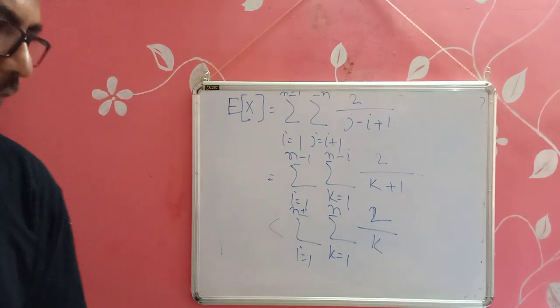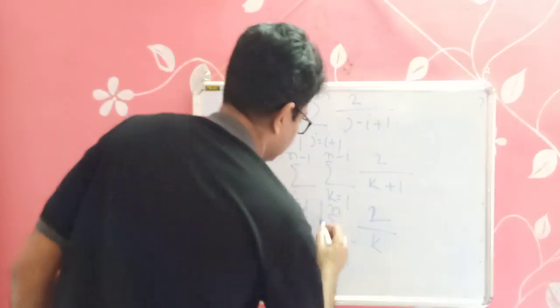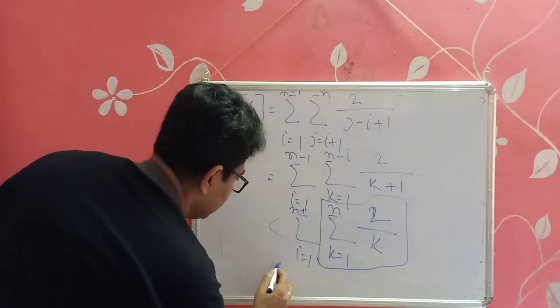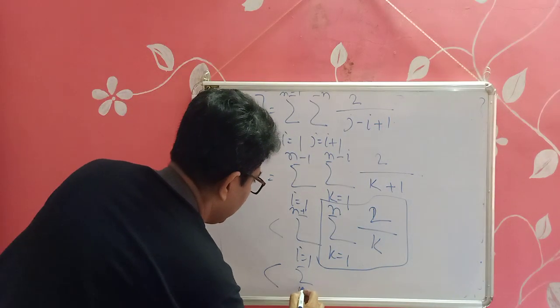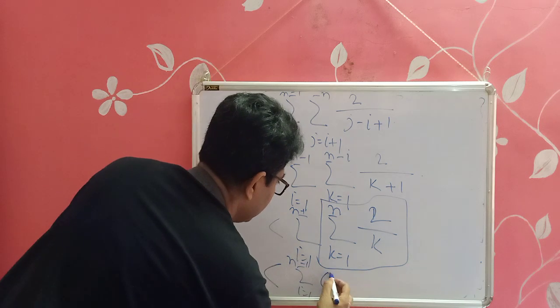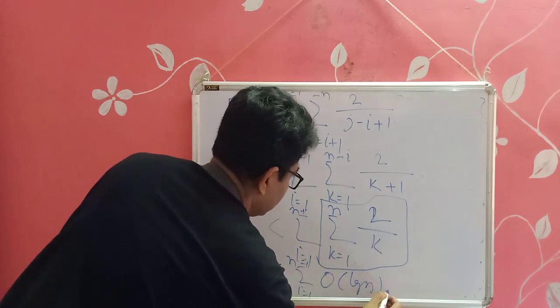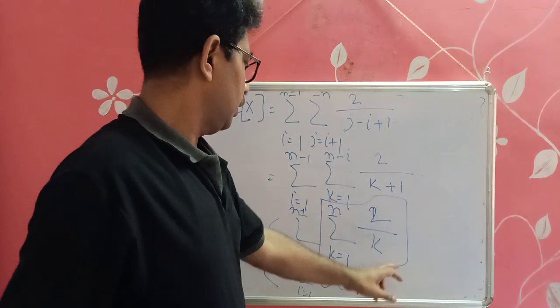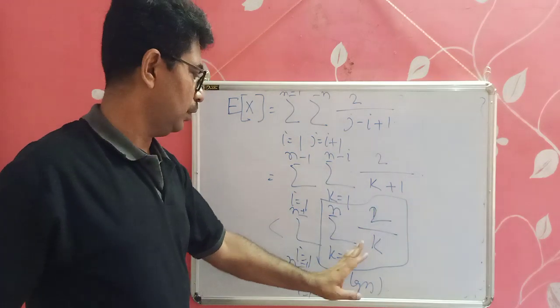What is the sum of this? We know that for i equals 1 to n minus 1, this value is order of log n. This is the series of the logarithm.